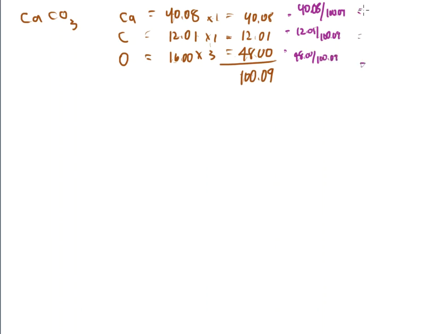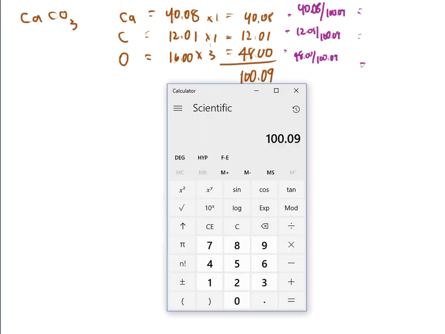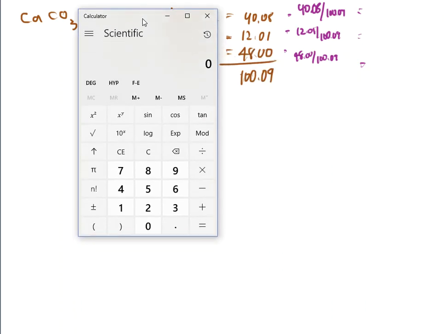Now, when I do this, I'm going to get answers that are really close to the weights, and the reason is because this formula weight is 100.09. It's kind of silly in a way, but we still go through the process.